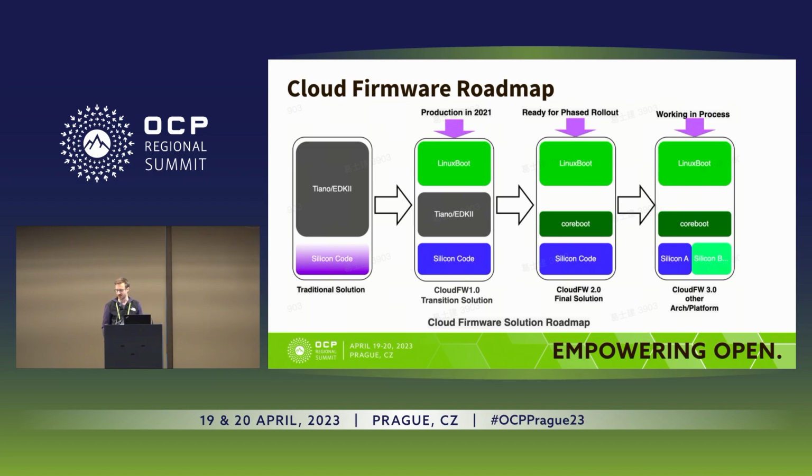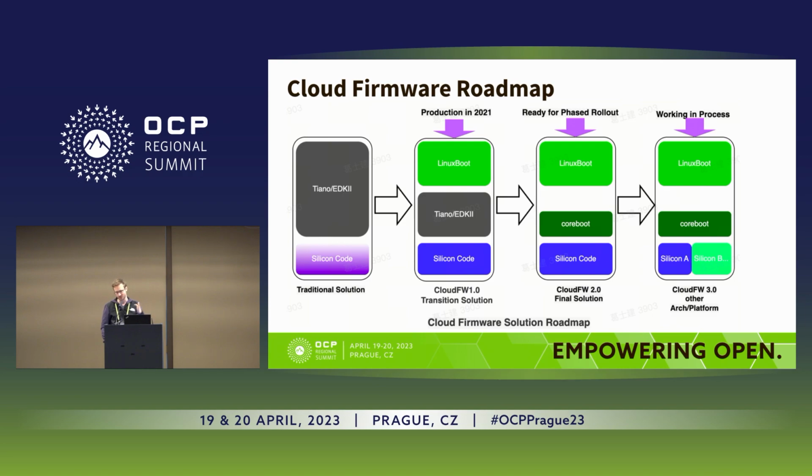I think that is not the goal in that sense. It's not the goal that you have one single binary to rule them all, but rather have the same code base, coreboot and LinuxBoot, and just plug in different silicon init code into the coreboot system.